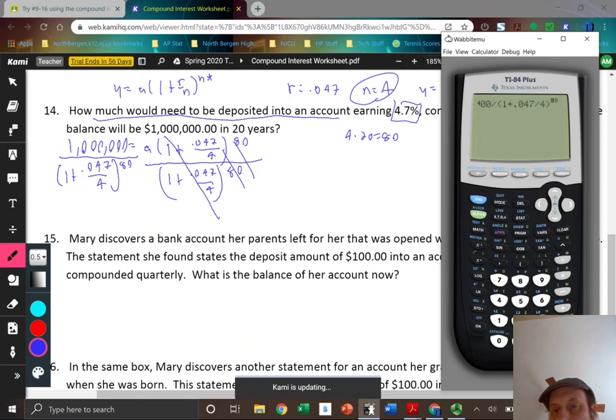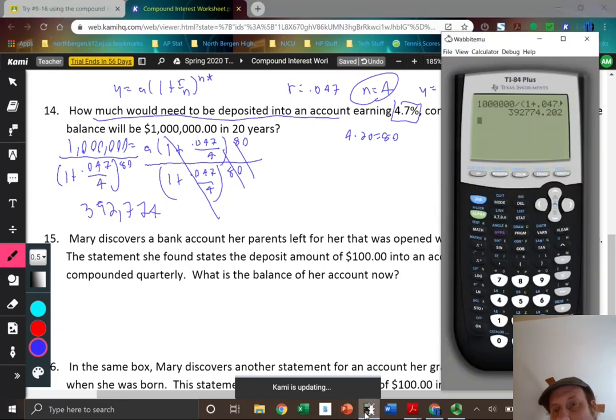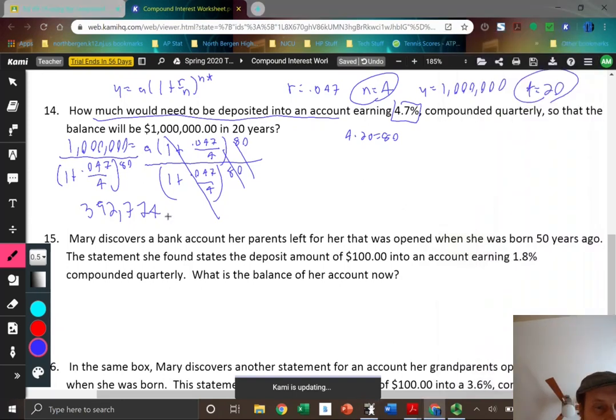And this should give me the answer: 392,774.20, so 20 cents. Sorry, it's not a very good 7, is it? There's a 7 right there, there's a dollar sign right there, and there's our answer.